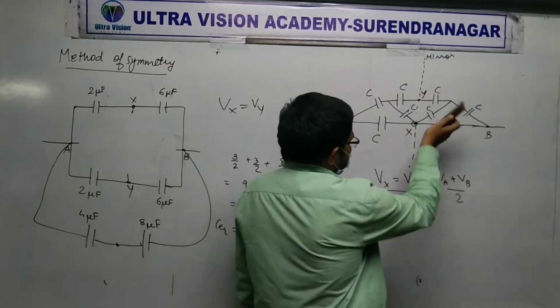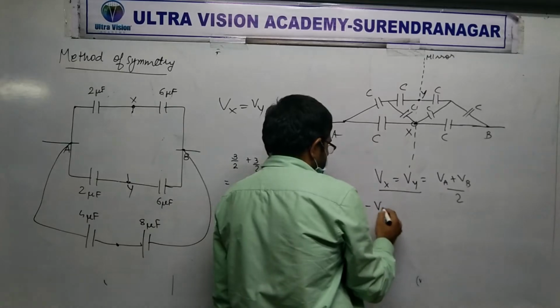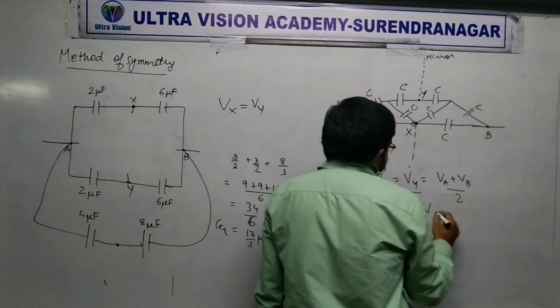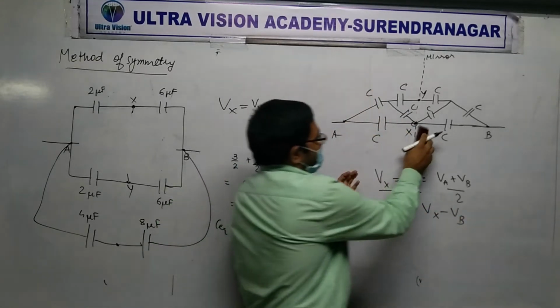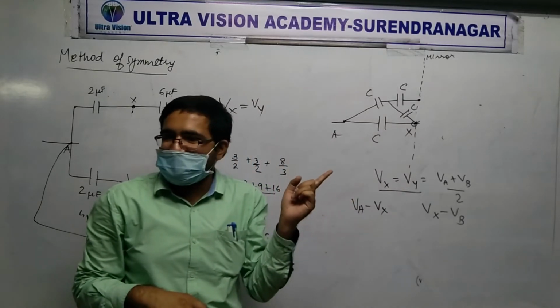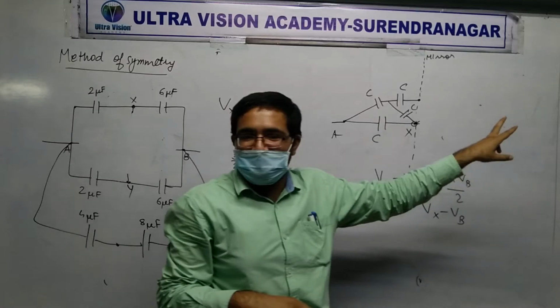So I was saying that whatever is the potential difference between A and X, do you realize the same should be the potential difference between X and B? Whatever is the potential difference between A and X, the same is on the other side. Yes or no?